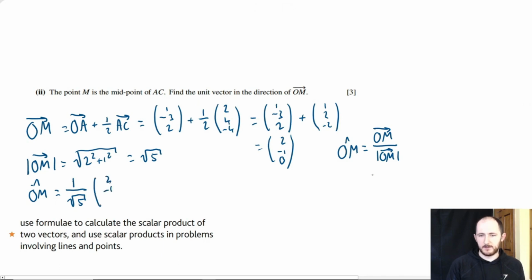Because A, it looks nicer, and B, I don't have to do this weird maths, because otherwise I'll have 2 over root 5, minus 1 over root 5, 0, which is a really ugly looking vector. But again, if it's a whole number, then you might want to actually do the calculation. If it goes in nice and neatly, in general, avoid fractions and decimals. Just leave it on the outside.